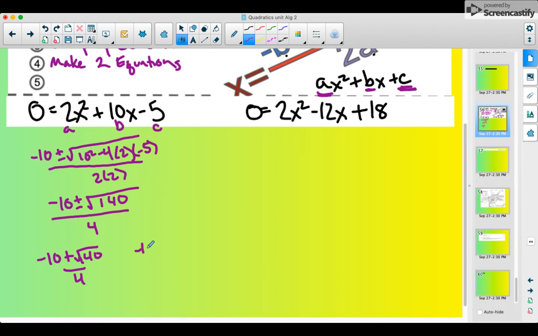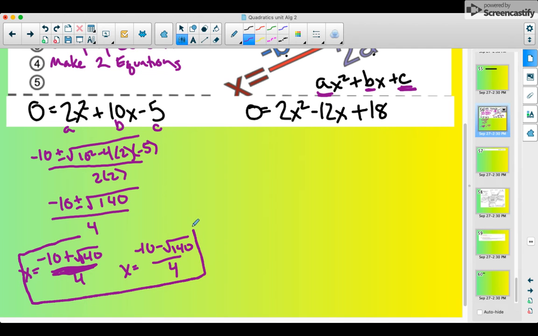It could also be -10 minus the square root of 140 over 4. Because those are 2 different unique answers that I would get if I were to type them into a calculator. Eventually, you will learn how to simplify those a little bit more, but for now, leaving them just like that is just fine.